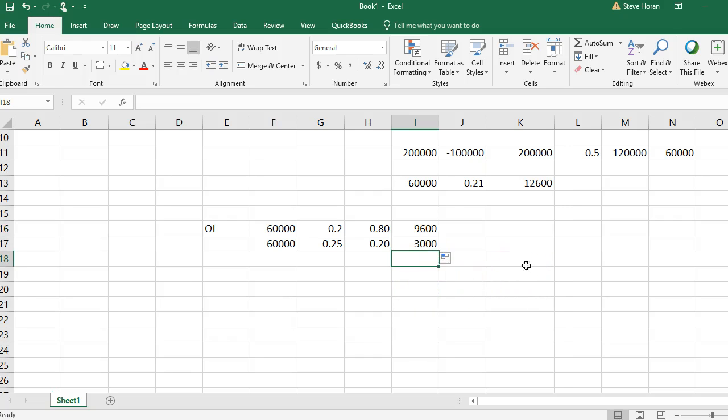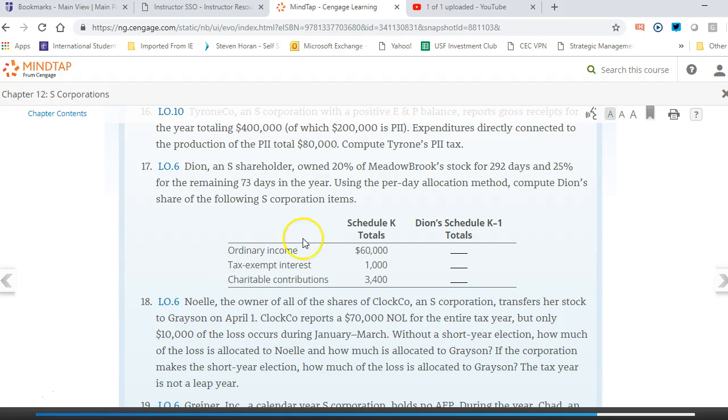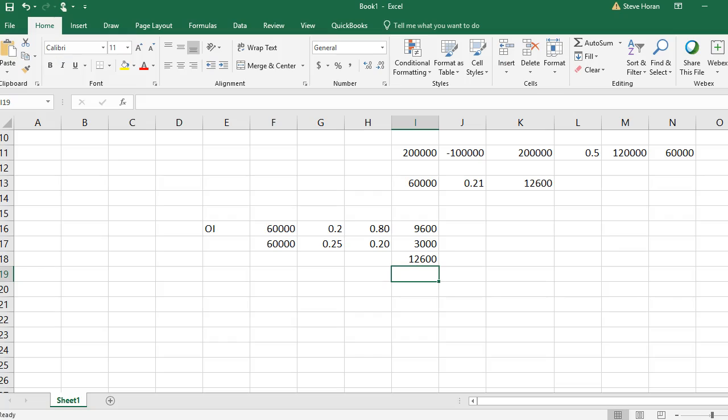So the sum of the two is 12.6. So the answer for the first part of this ordinary income is 12.6. Then we do the exact same calculation for the $1,000 of tax-exempt interest, and we get 210.